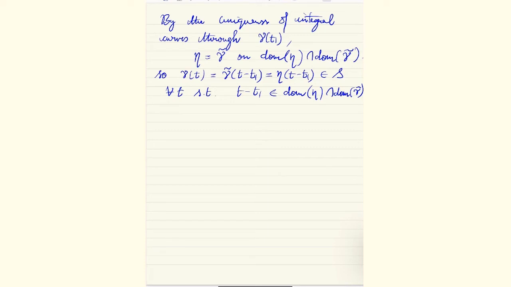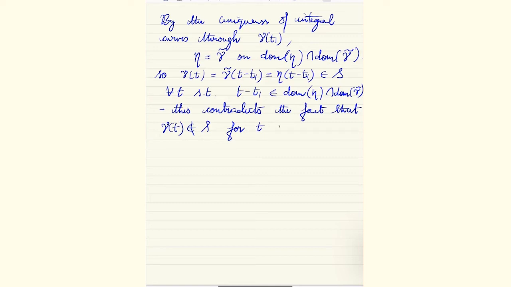Why? I claim that this contradicts the fact that gamma t cannot be in S for t very close to T1.